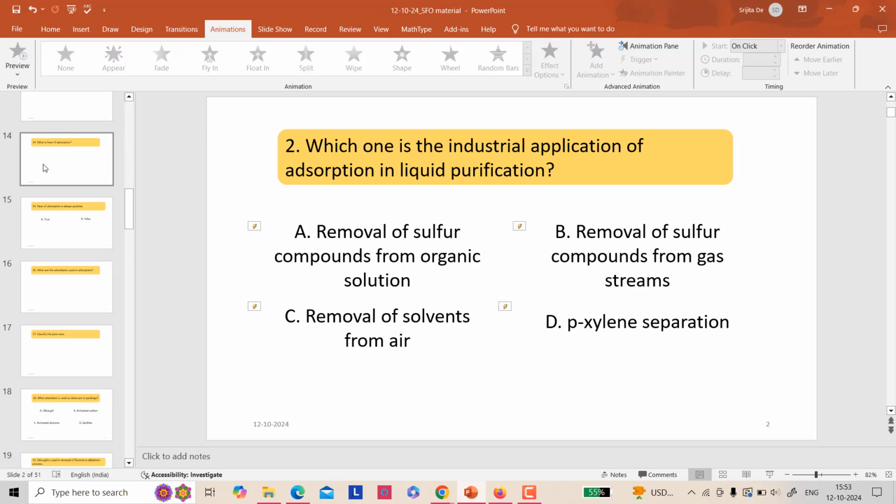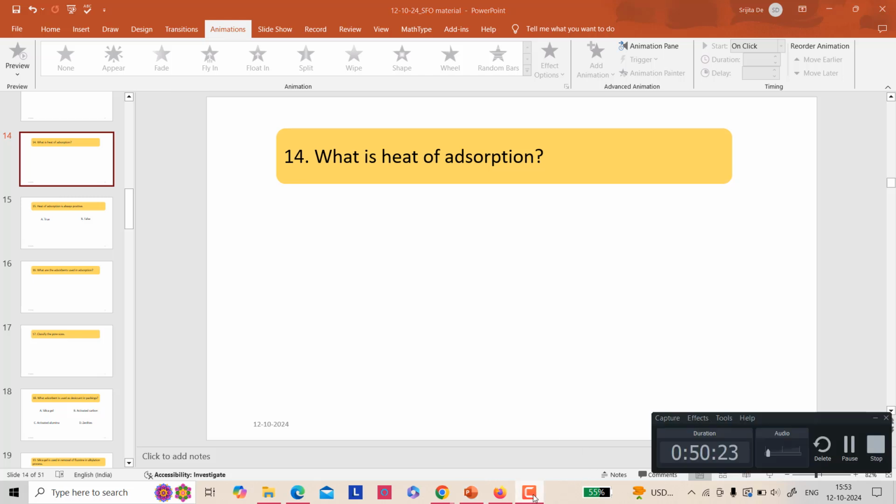So, we have just said that adsorption is an exothermic process.